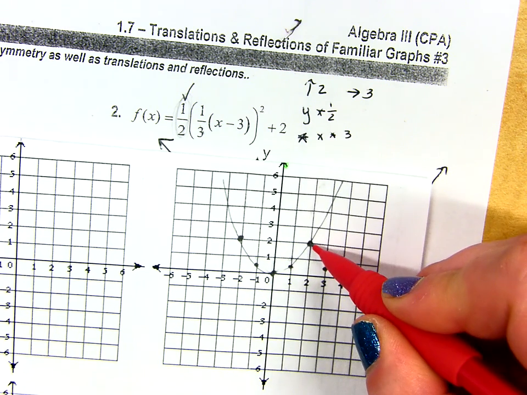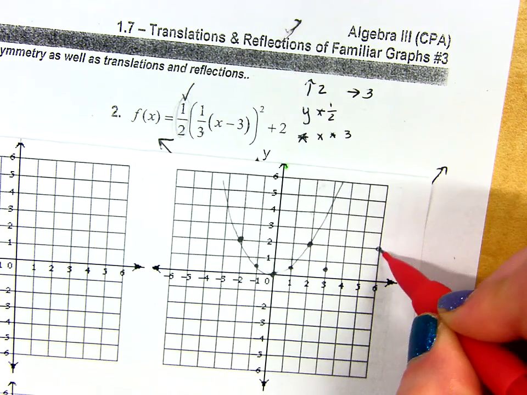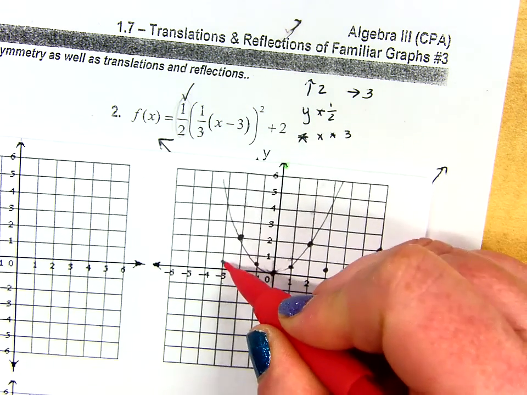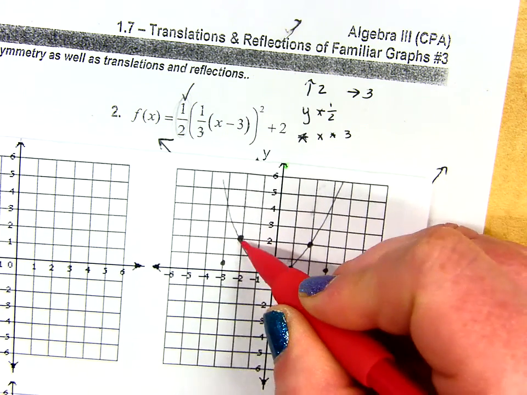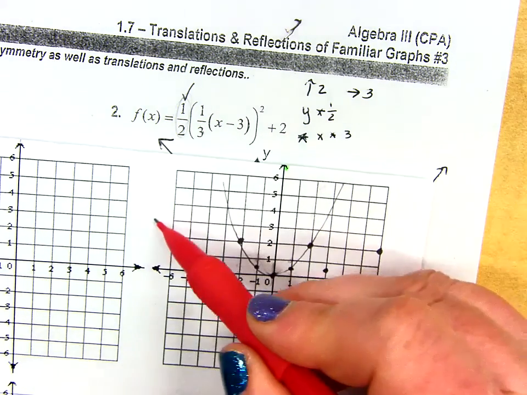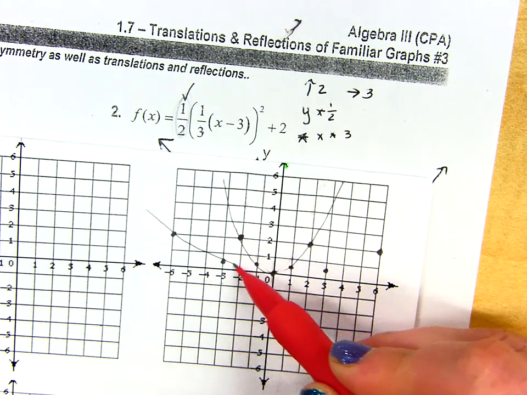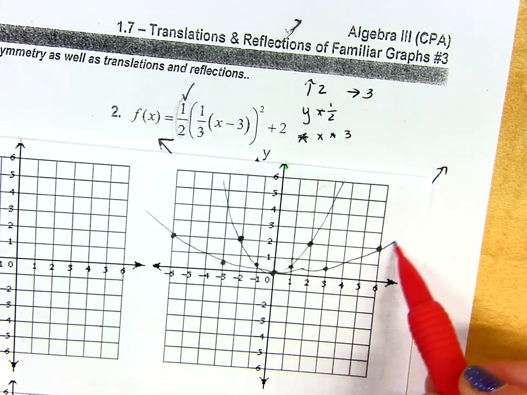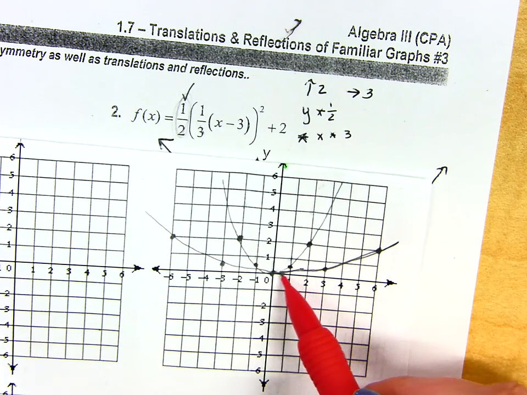This x value is at 2, so now where is it? 6. And then the same thing happens on the other side. You were at -1, so now you're at -3. You were at -2, so now you're at -6. So we end up with an even wider graph. My goodness. That's not a very good parabola.